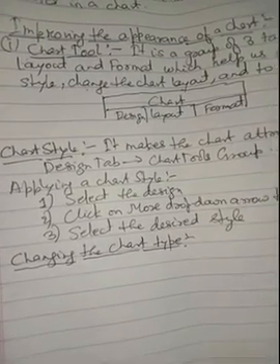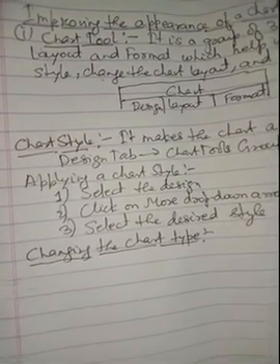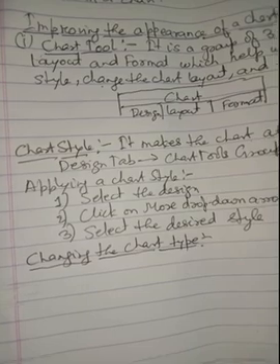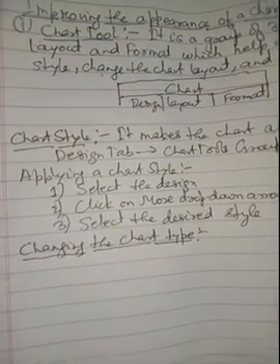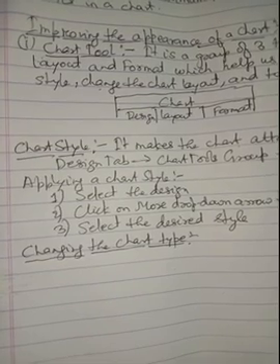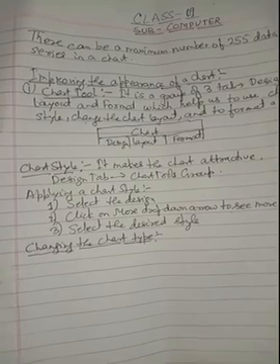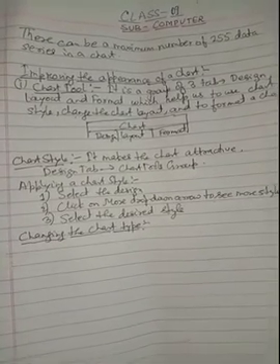We have studied the column chart, bar chart, line chart, scatter chart, pie chart, area chart, radar chart, 3D surface chart, doughnut chart and combination chart. These were the different types of chart that we have studied.